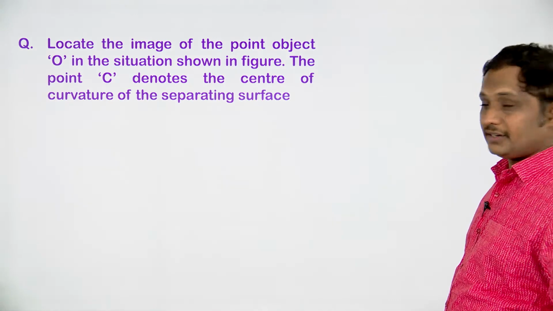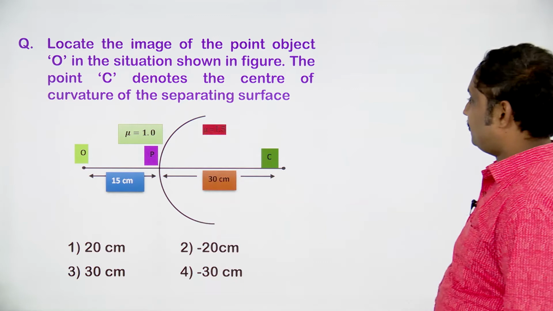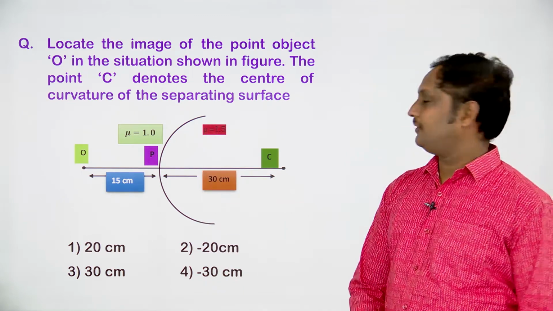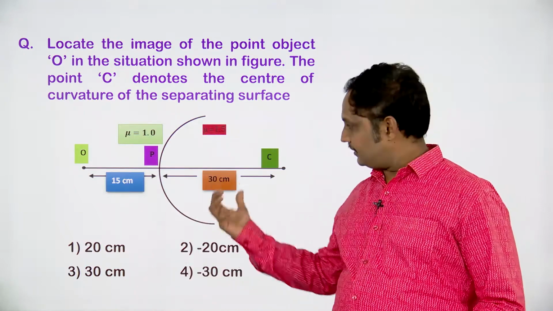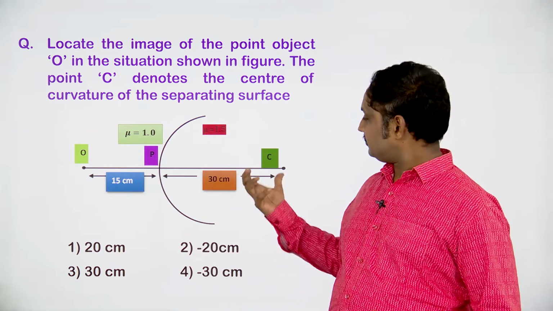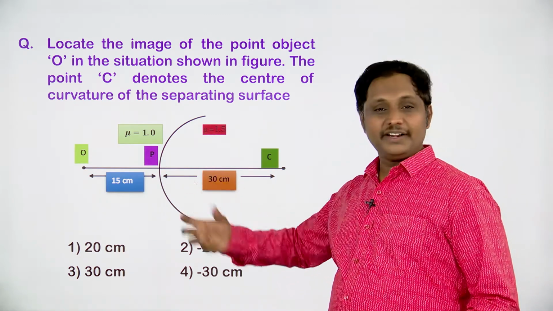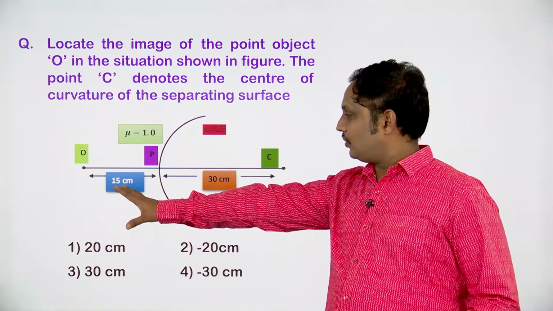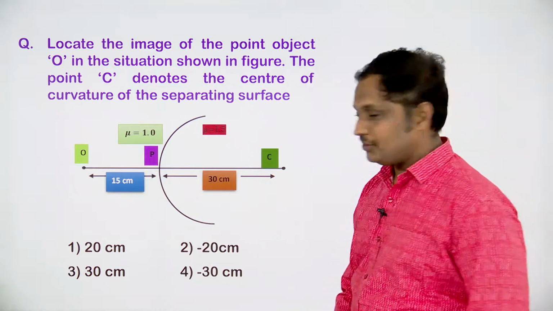Let's go further. You have to see this. This is going to be a single convex refracting surface. Okay, it's very clear. C, the center, and B, you will get the radius of curvature, and the object is going to be a point object which is at O. We are going to identify this.